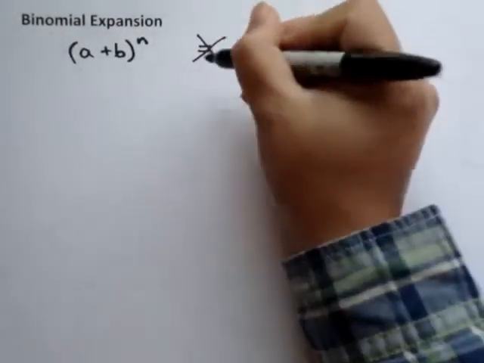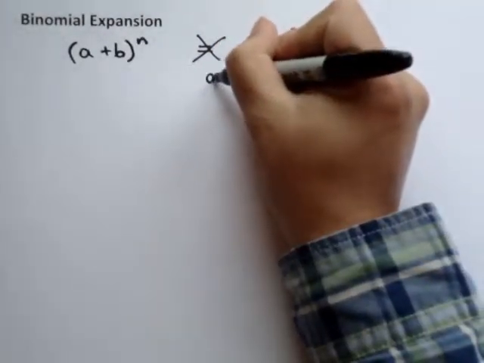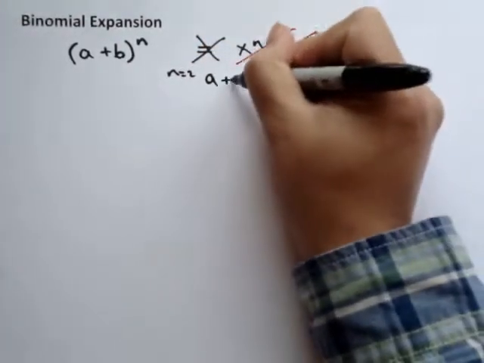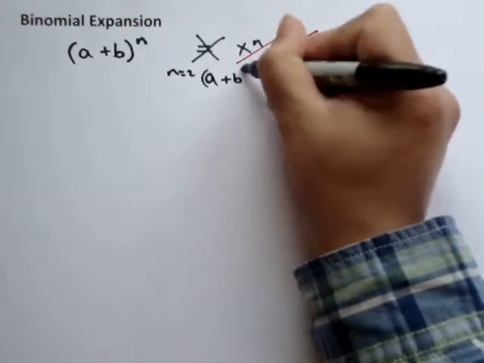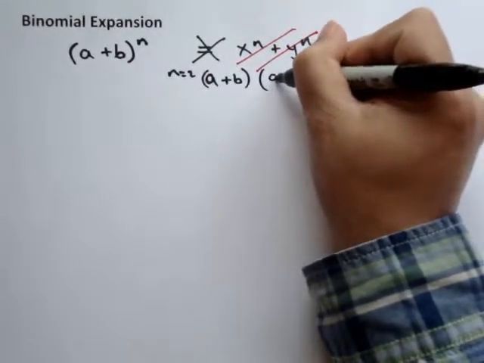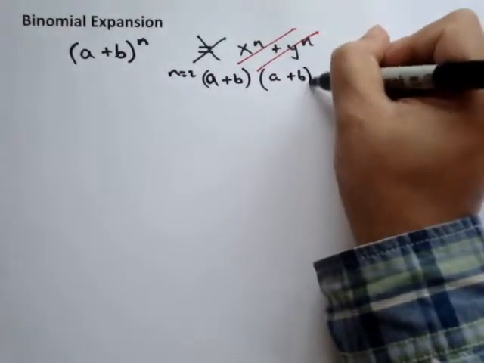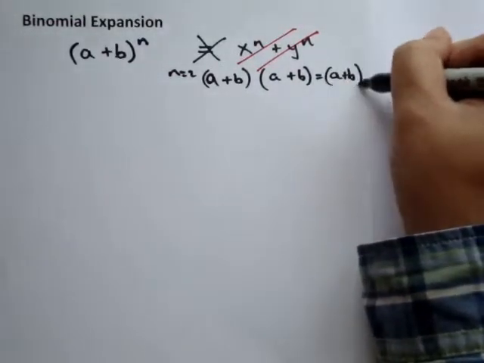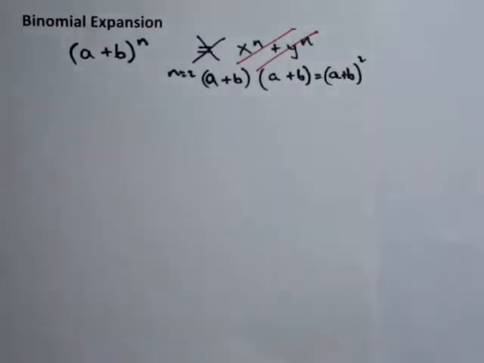A plus b to the n, if n was 2, that's a plus b multiplied by a plus b, and that equals a plus b to the power 2. So let's have a look.